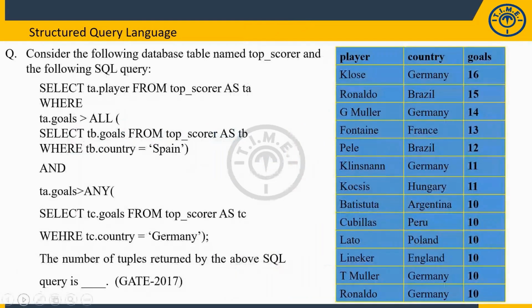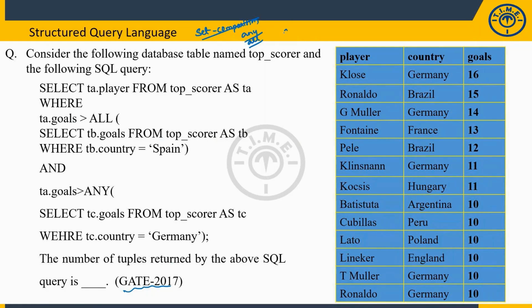So this is a question on set comparison operators. What are the set comparison operators? There are two set comparison operators. Those are called operator ANY and operator ALL. This is a question from 2017 for 2 marks on ANY and ALL.